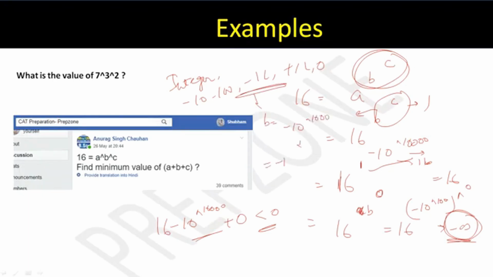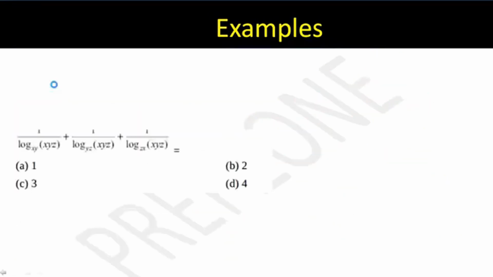This will be minus 1, 0, 0, 0, 0, 0, 0, and so on, right? My idea is take anything, and even 0 is an integer. So yeah, you can either put 1 to the power and then a negative number, or you can put any negative large number to the power 0. The answer will be 1, and you can take the value of a as 16 to get the final minimum value. Clear? So let's move on to the next example.